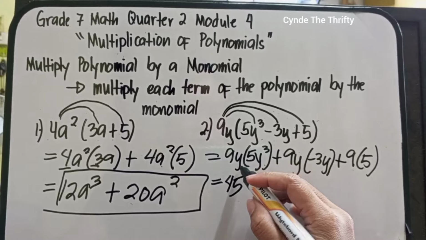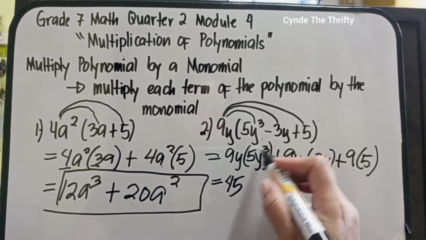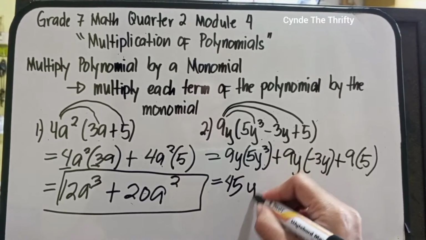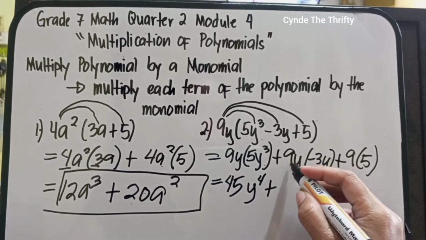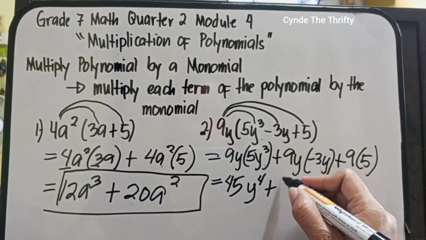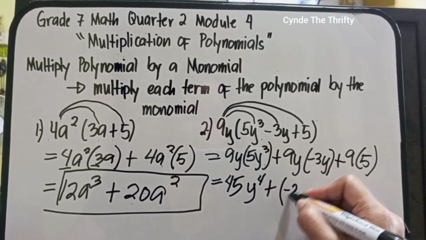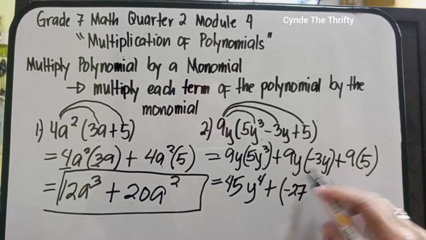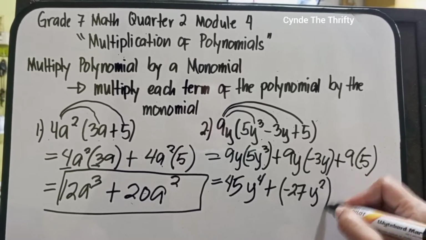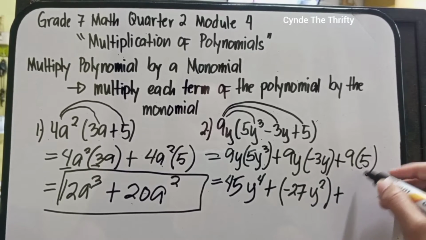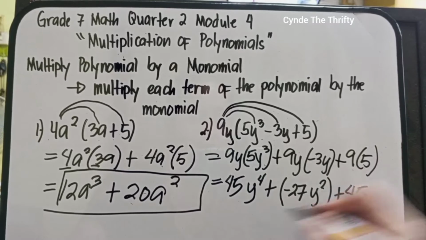And then y times y cubed, so i-add natin si 1 plus 3 is equal to y raised to the 4th power. Plus 9 times negative 3 is equal to negative 27. And then y times y, so 1 plus 1 is equal to y squared. Plus 9 times 5 is equal to 45.